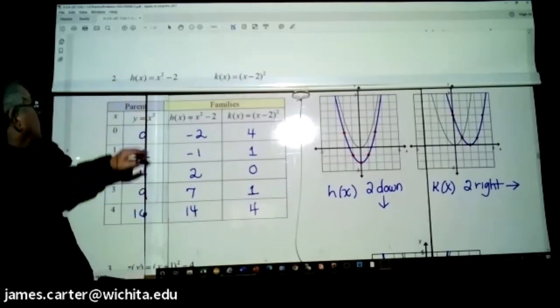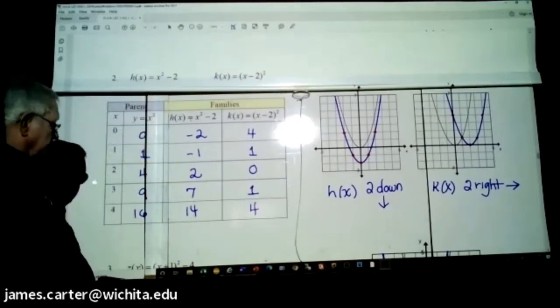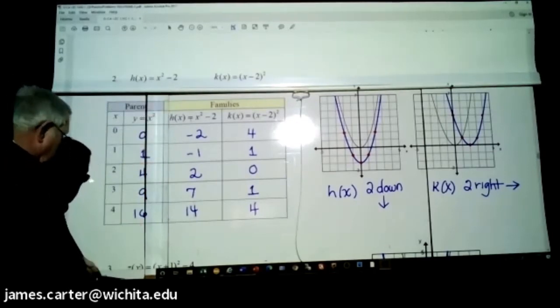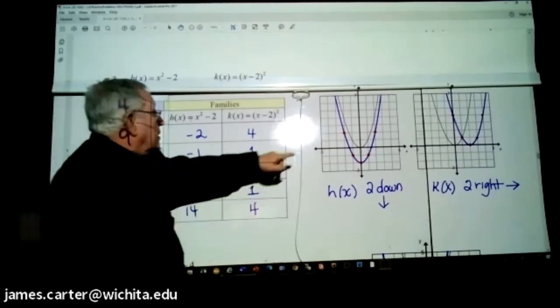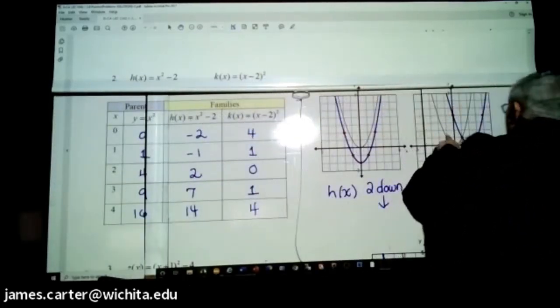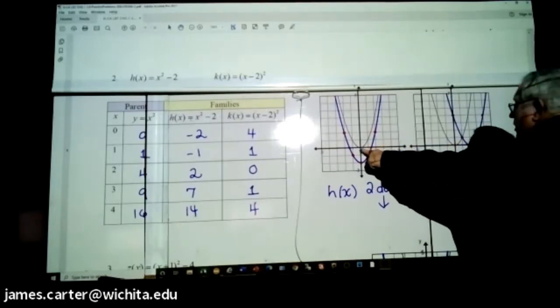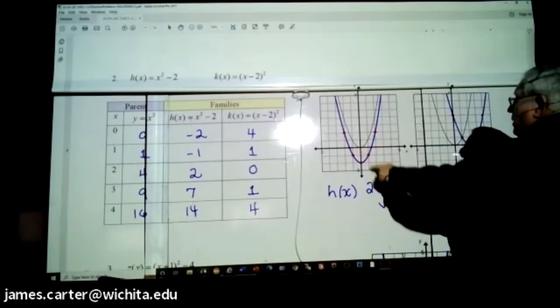Okay, now let's look at these two. H of x equals that. F of x, this is f of x here. Once again, parabola with the vertex at 0, 0.